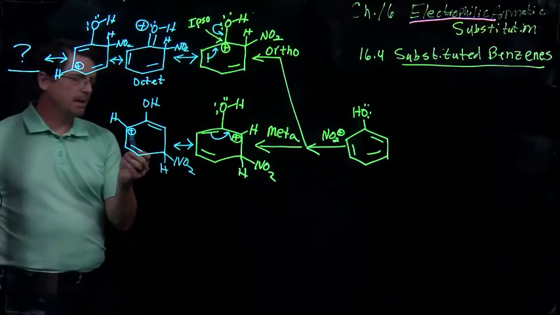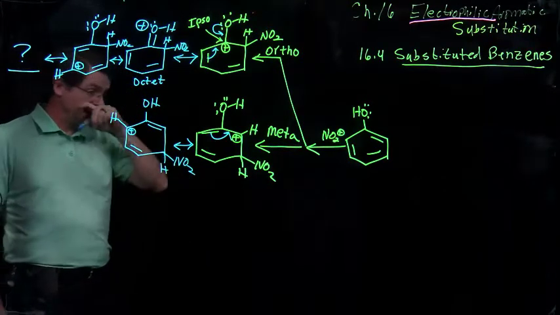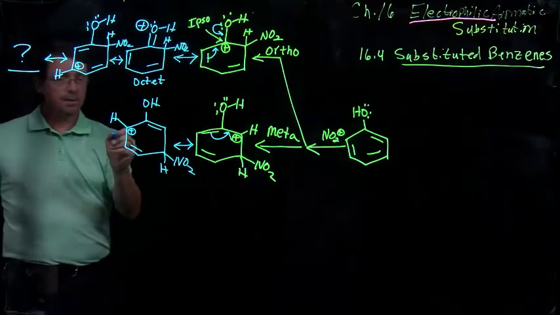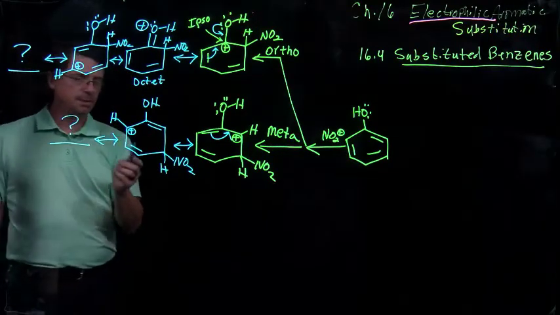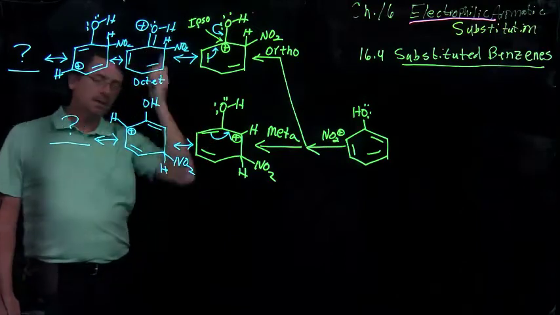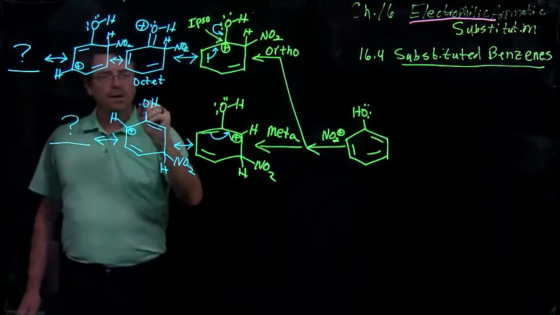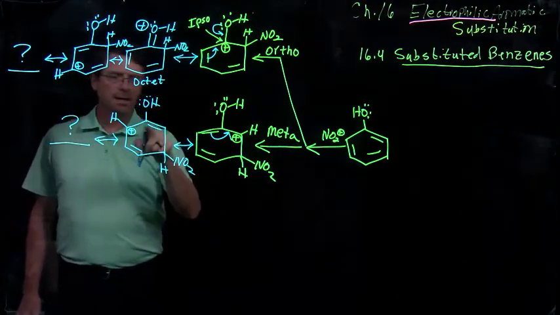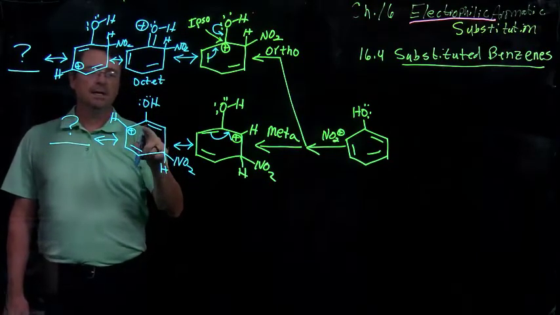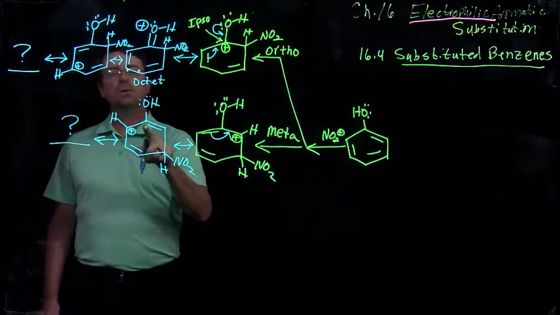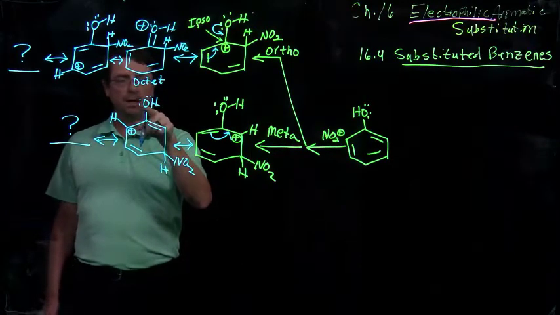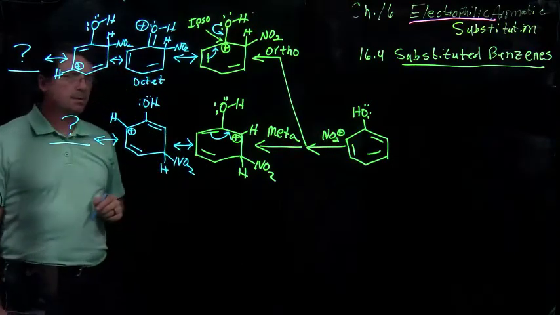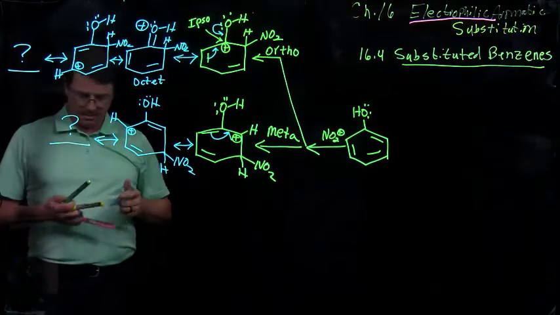Notice the carbocation formed is now para to the incoming substituent, and there's another one, and I'll leave that again for you as an exercise to put it to the other ortho position. The key here, though, to note is that never is that carbocation ipso to the oxygen, and being ipso to the oxygen is required for me to draw a legitimate resonance form that invokes the lone pair on oxygen to stabilize this carbocation.